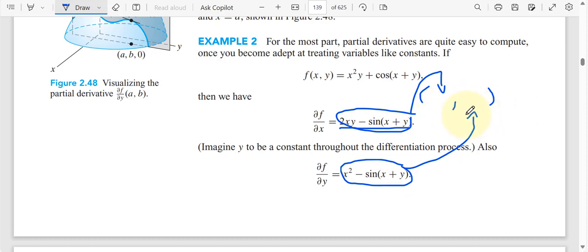I just don't want to say it's in R2, because R2 implies that these are numbers in here. They're not. They're functions. So we just don't want to say that.